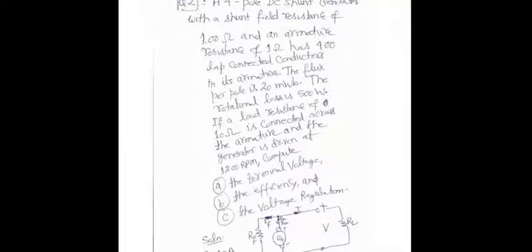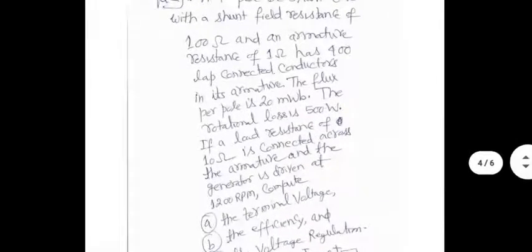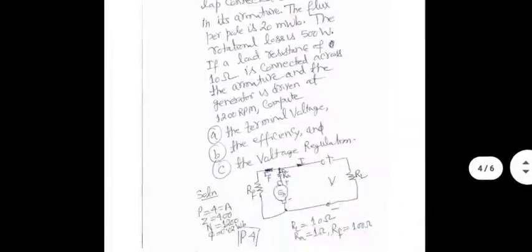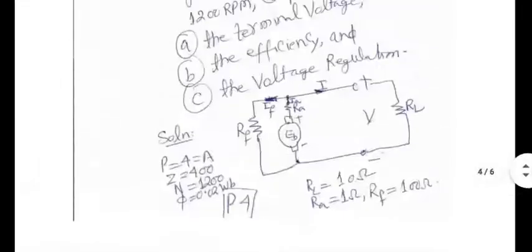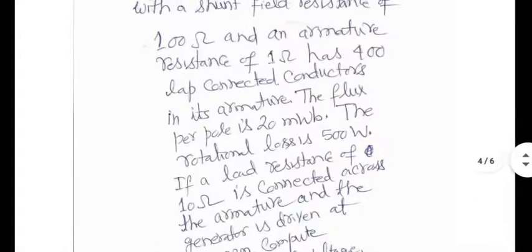The first thing to do is calculate back EMF, EB, based on all the information given to you. EB is phi ZNP divided by 60A. You plug in the values. Phi is 20 milliweber rather, so 20 into 10 raised to the power minus 3, which gives you 0.02.